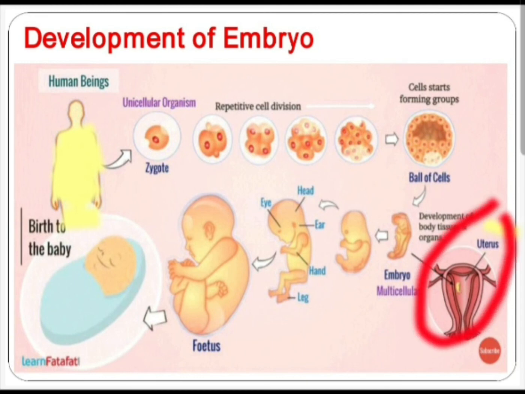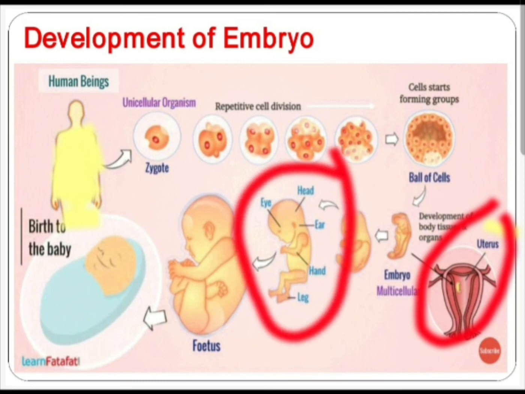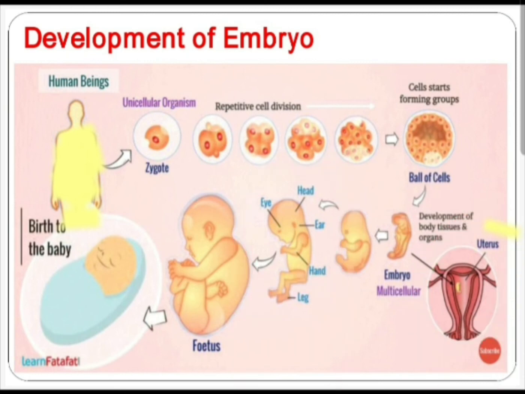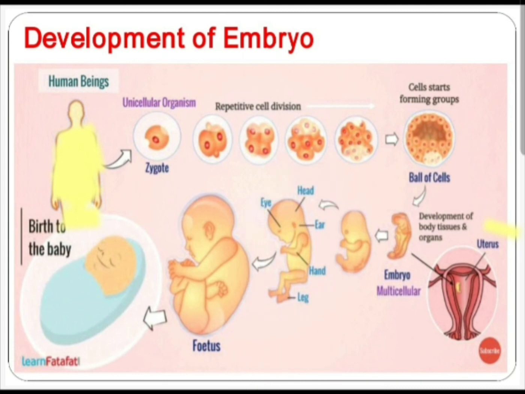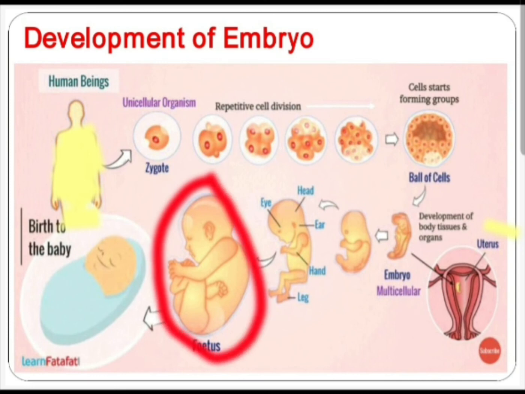It gradually develops body parts such as hand, leg, head, eyes, ears, etc. The stage of embryo in which all the body parts can be identified is called fetus.